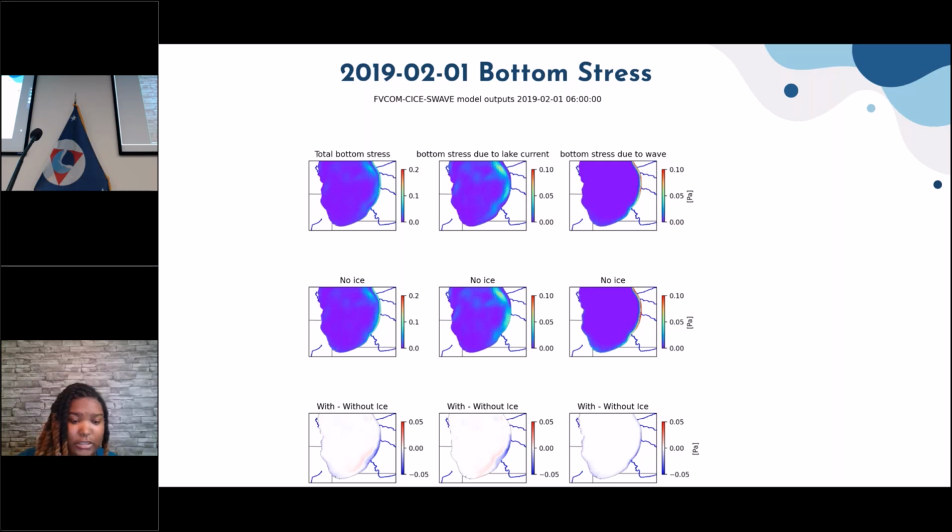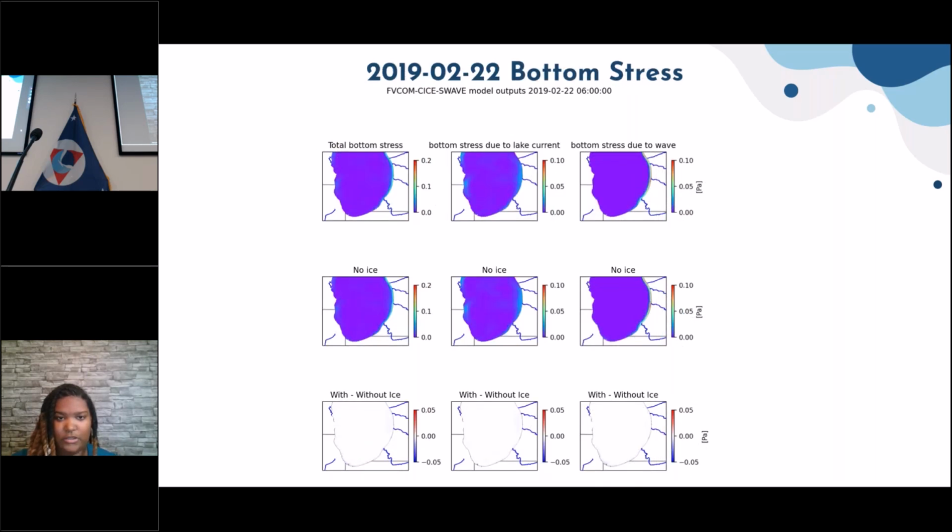You can see in the red that there was an increase offshore, and the ice that was attached to the coast showed a decrease in bottom stress, with a little bit of blue. And you can also see on the 22nd that there wasn't much sediment plume.